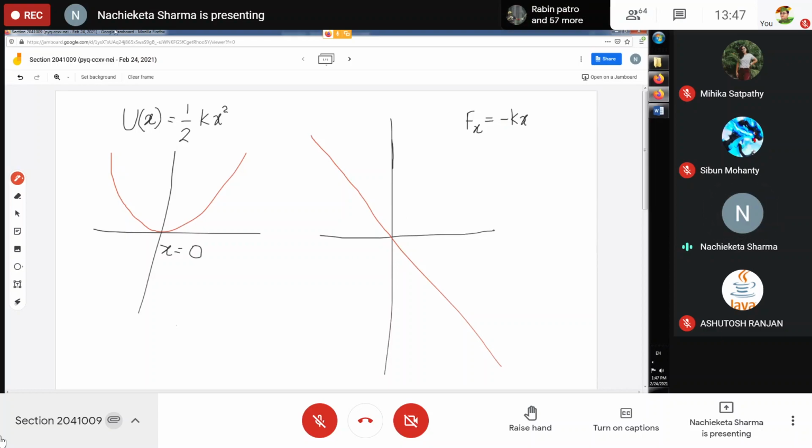You will find that this minus kx can also be found by taking the derivative of U with respect to x and putting a negative sign before it. Minus dU by dx is nothing but minus kx, and that minus kx is your Fx.